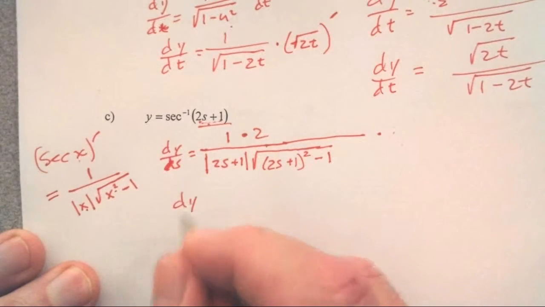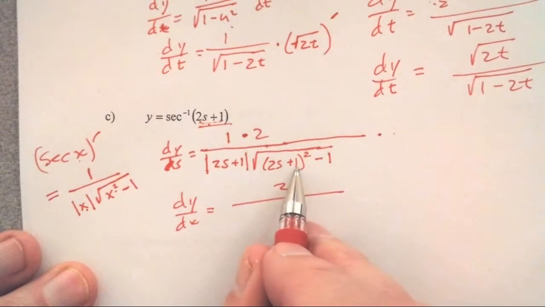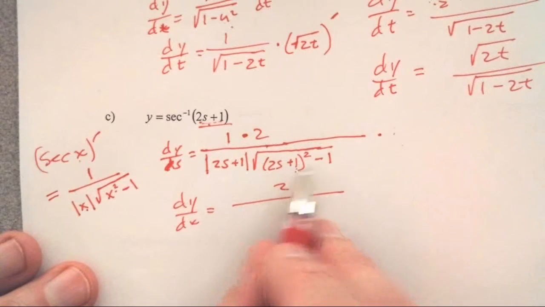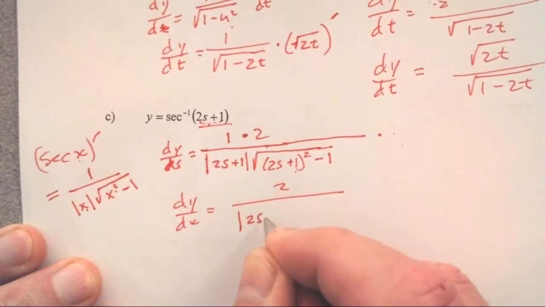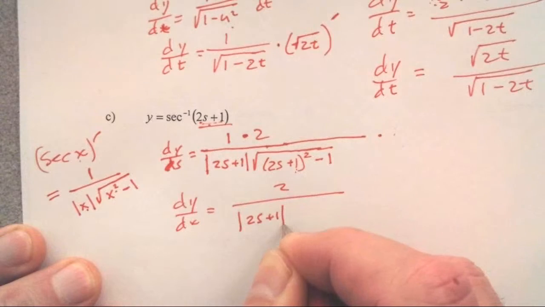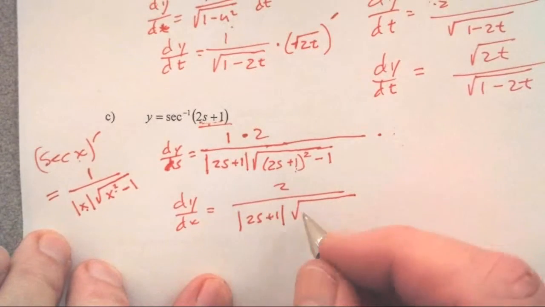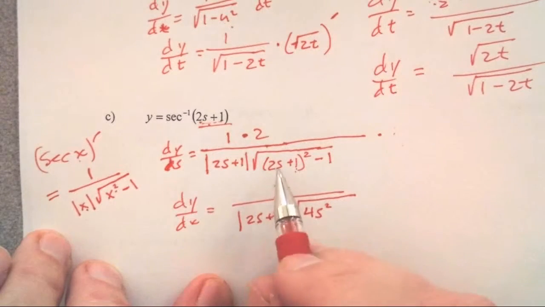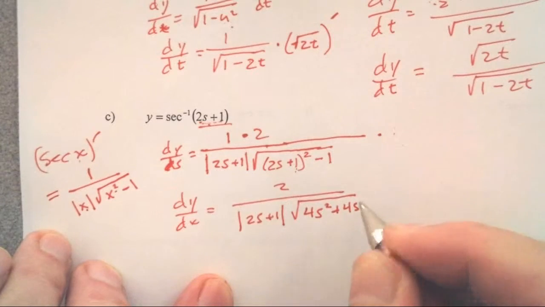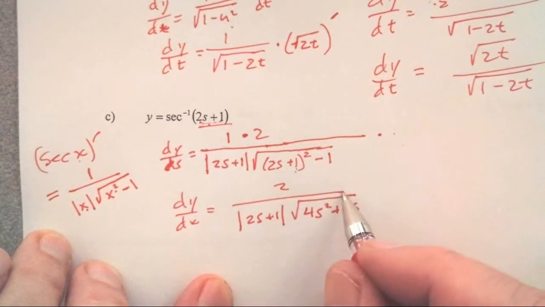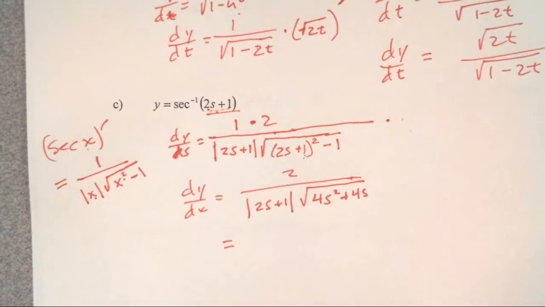So I get dy dx equals 2 on. We ought to clean this up because I see out of this foiling I'm going to get a 1, cancel the 1. So I get absolute value 2s plus 1 times square root of, if I FOIL this, I'm going to get 4s squared. I'm going to get plus 2s's plus 2s's plus 4s. I'm going to get plus 1 minus 1. And sure enough, we got another step.